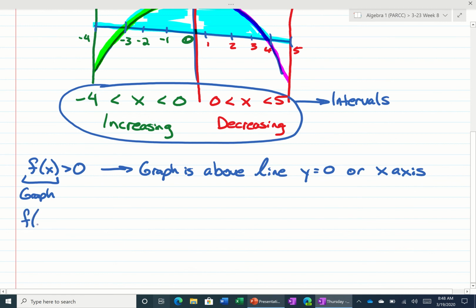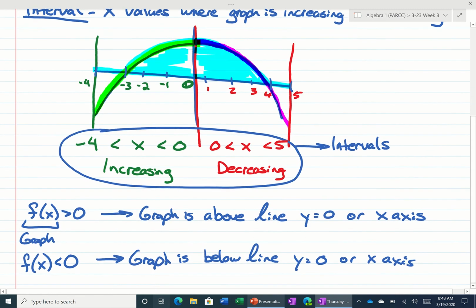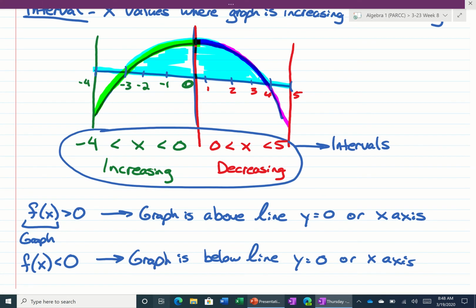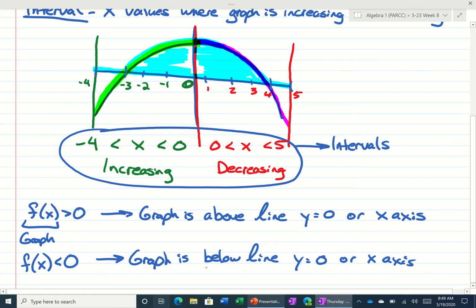And then of course when f of x is less than 0, what that means is the graph is below the line y equals 0 or the x-axis. Look at the x-axis, and it looks like it's below. Here's the line y equals 0.